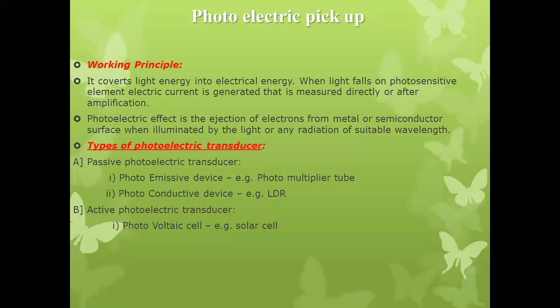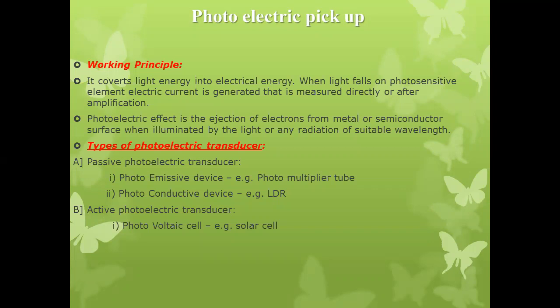As we know, we have studied passive transducers and active transducers in detail. So a passive photoelectric transducer has two main types: the photoemissive device, for example the photomultiplier tube, and the photoconductive device, the LDR.